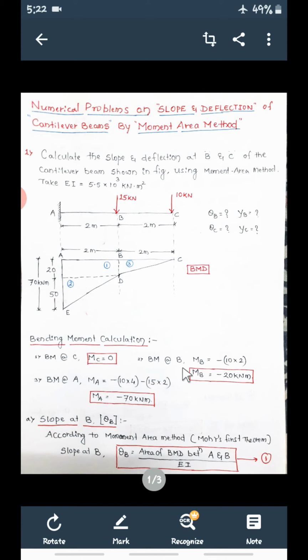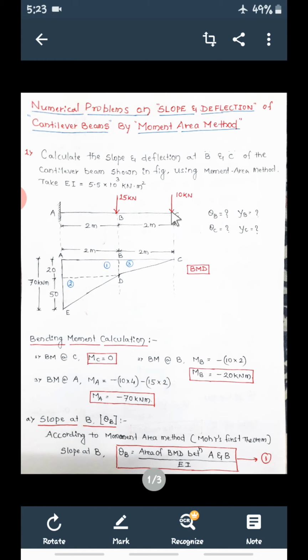Then similarly, calculate bending moment at B. Again start from this end. The first load is 10 kilonewton, so bending moment at B, MB, is equal to 10 into 2. This is minus because, with reference to B, if the load is applied at C, the portion BC will bend like this.